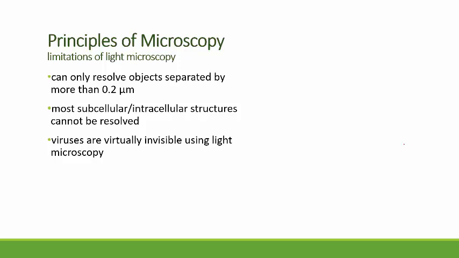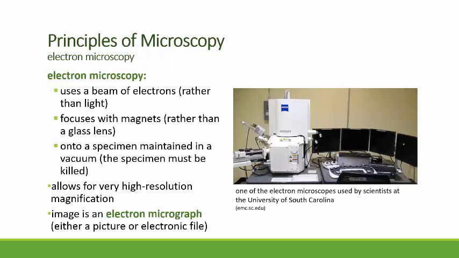They're too small. And something like a virus is essentially invisible. There are maybe a couple of viruses that are large enough to see using a light microscope, but most viruses are not even going to be visible. They're way too small.